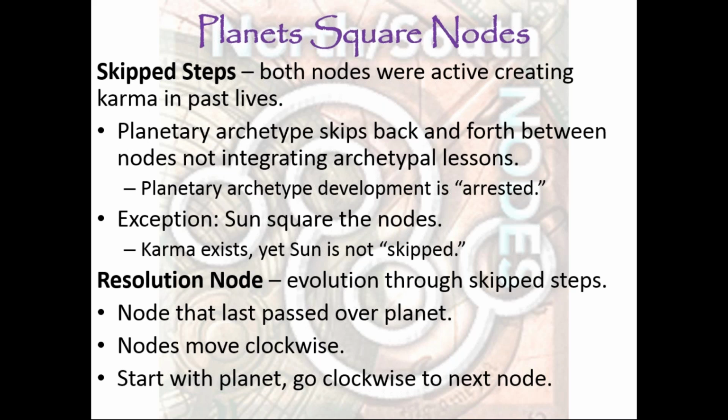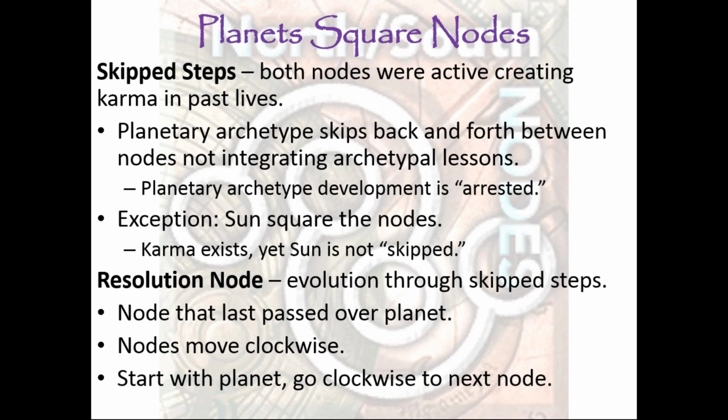Sometimes this is an area that in evolutionary astrology becomes a little confusing until we have some practice with it. I love it. I always look for planets square the nodes. I always see them as being part of the whole karmic complex of any soul when there are planets square the nodes.